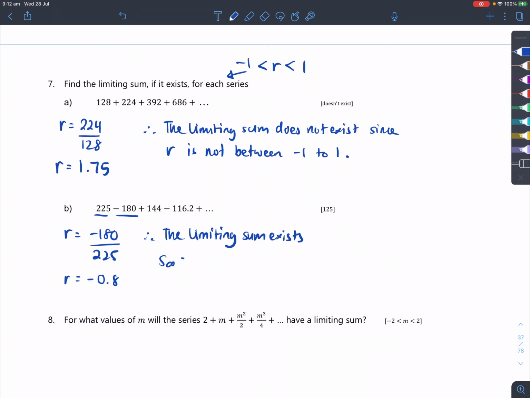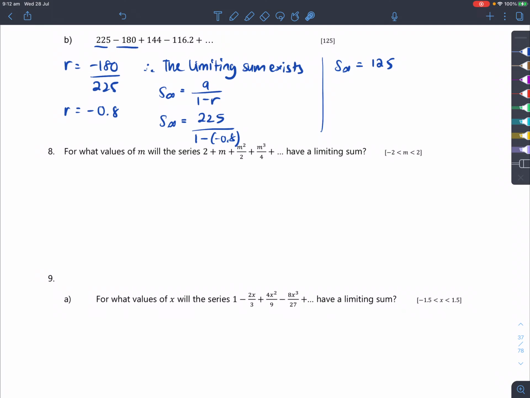Using our formula for limiting sum, a over 1 minus r, we get S infinity equal to 225 over 1 minus the ratio, which is negative 0.8. S infinity equals 125. So as I sum all these numbers, it would come to a stop at 125. It's getting closer and closer to that number.